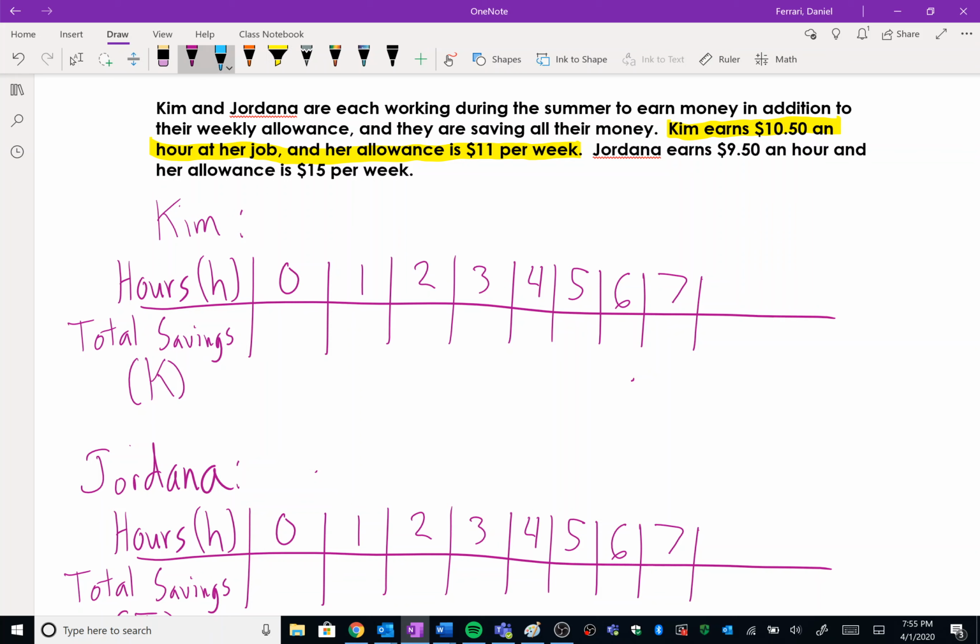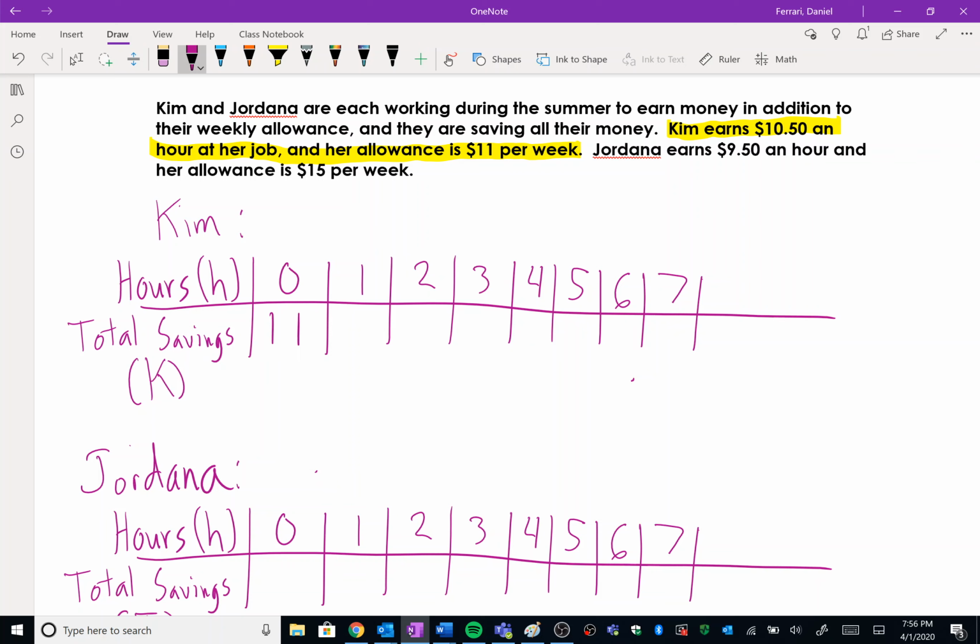Logically, you can probably think through this first element in the table, and it should be really easy. If I go to my job for 0 hours, I do no work at my actual job. What money do I make? I don't make any from my job. So in Kim's case, the only money she's going to get is the allowance, right?